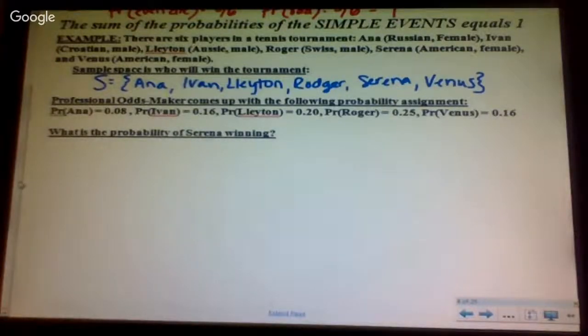Add all of them up and subtract it from 1. Remember, the probability of everything put together is 1. So if I add all these up, I get the probability of Serena not winning.